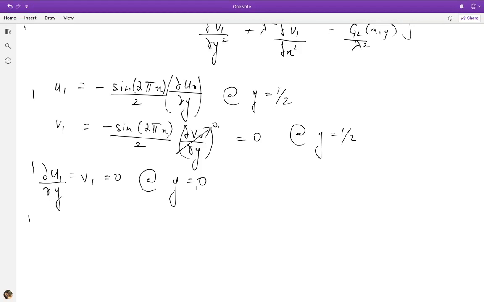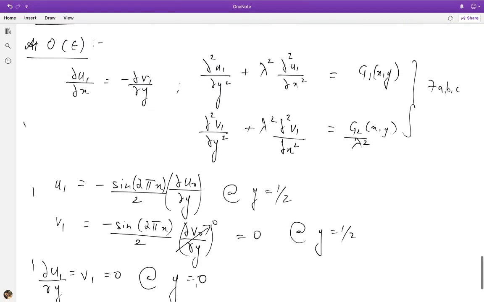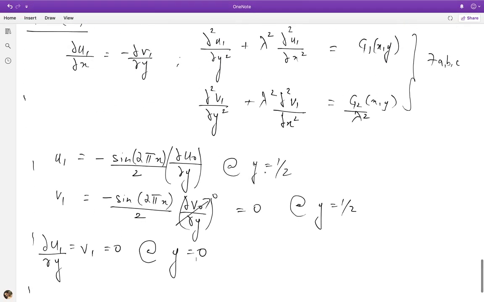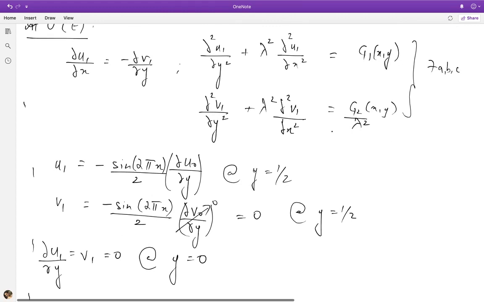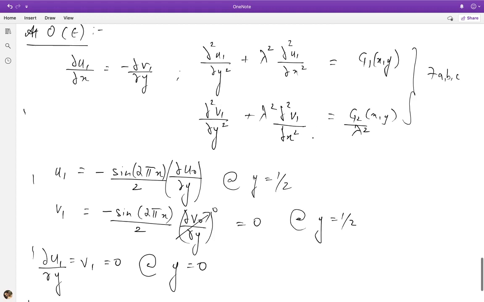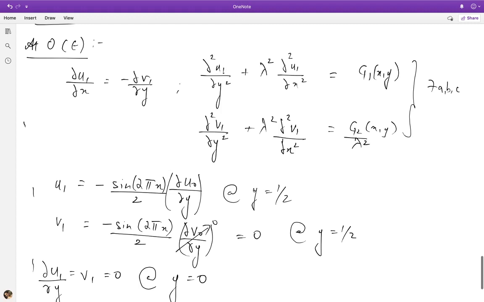Alright, so now we can look at how we solve this problem. Once again we have the boundary conditions on u, on v, as well as the equation of continuity. So the strategy we're going to adopt is the following. We'll first solve this equation for u1.